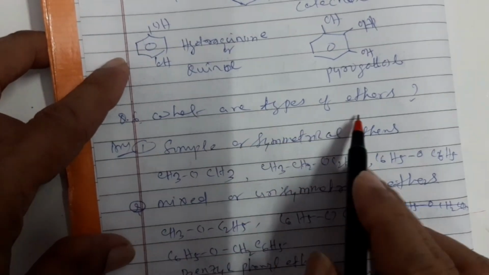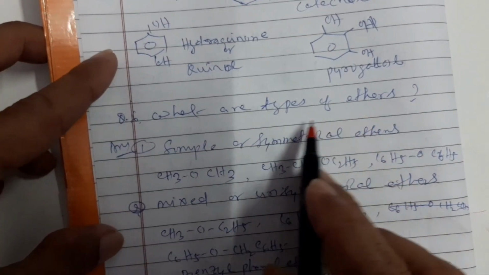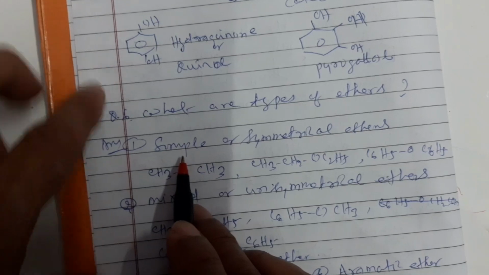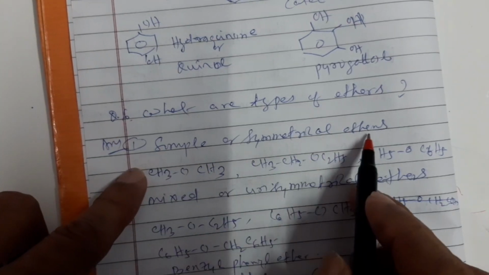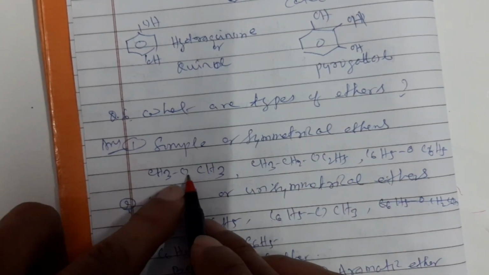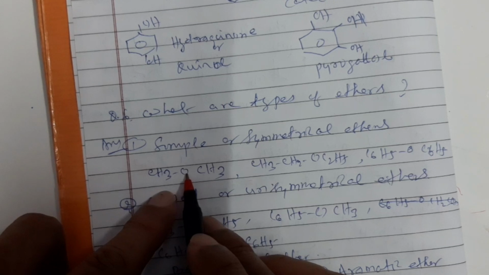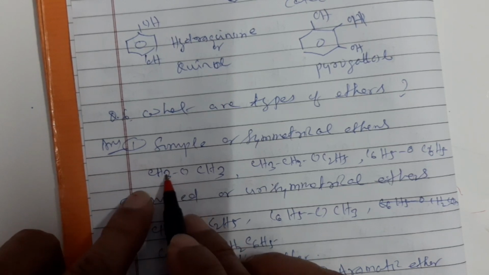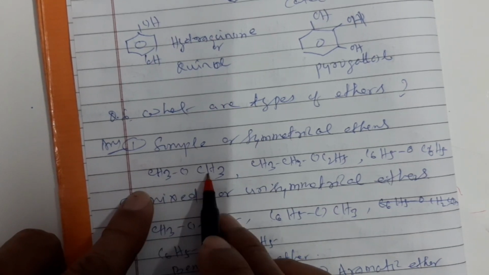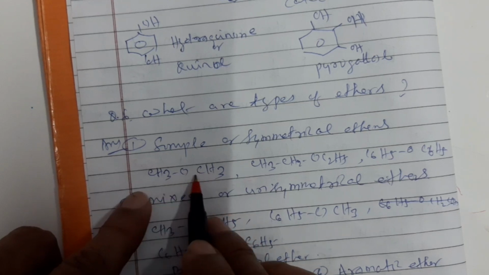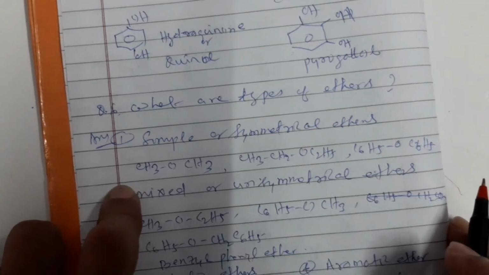Next, what are the types of ethers? Simple ether or symmetrical ether means that on the two sides of the oxygen atom, if similar alkyl groups are there, then it is known as simple or symmetrical ether.